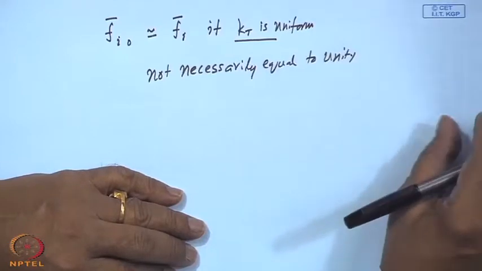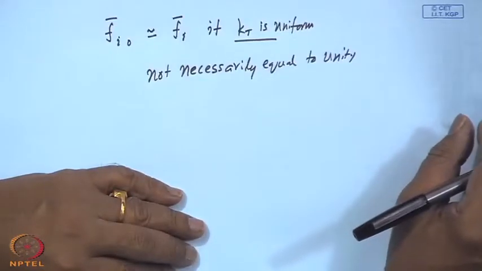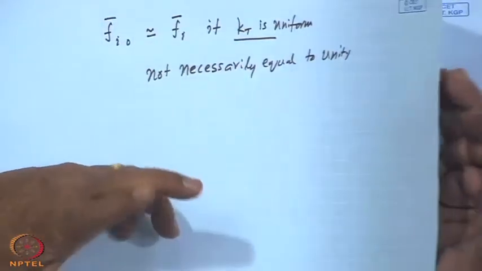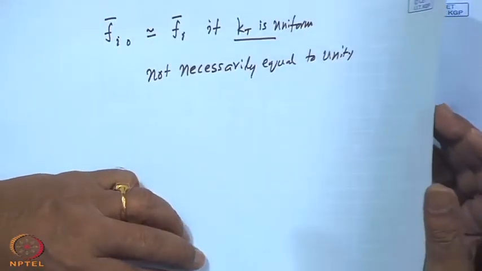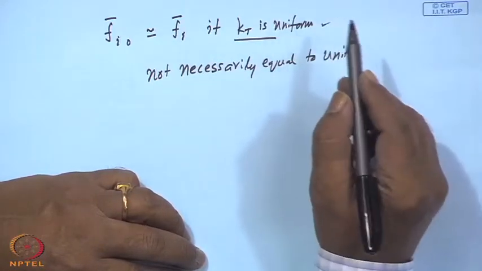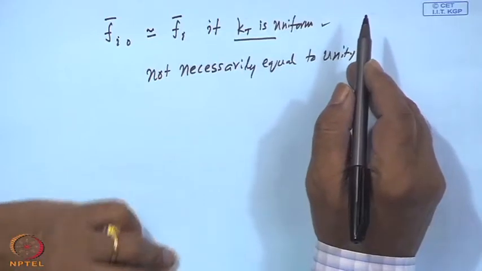And Kt is more or less uniform when the solar radiation is high, in general let us say 10 to 2 p.m. Consequently, this will be acceptable as a good approximation.